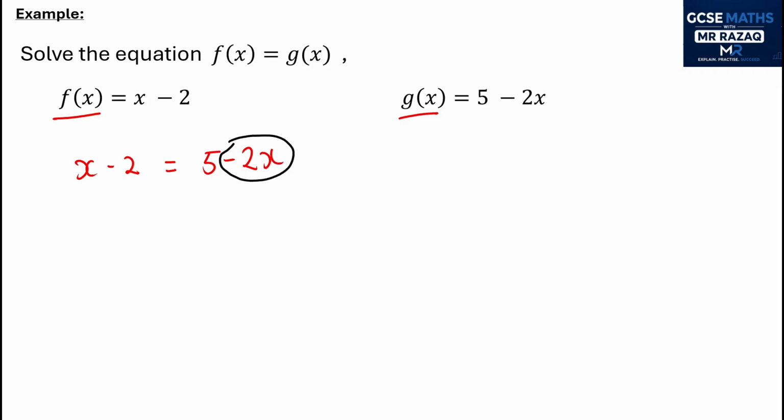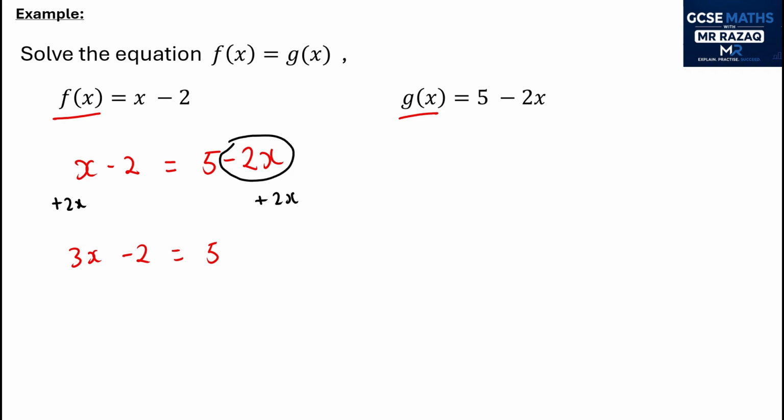I can take it to the other side by doing plus 2x, and plus 2x on this side as well. And that would mean x plus 2x is equal to 3x, minus 2 equals 5. And the minus 2x and plus 2x cancel out.